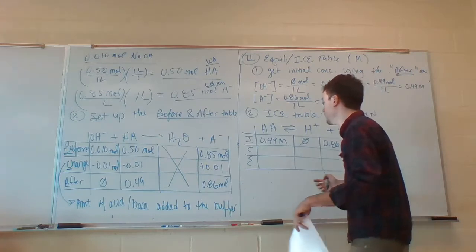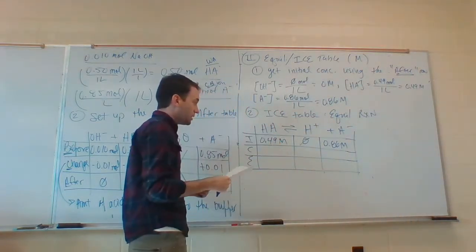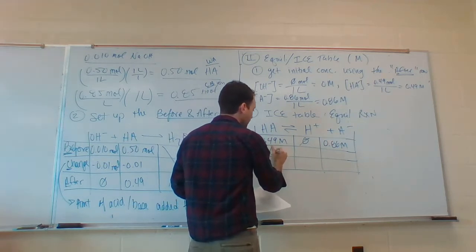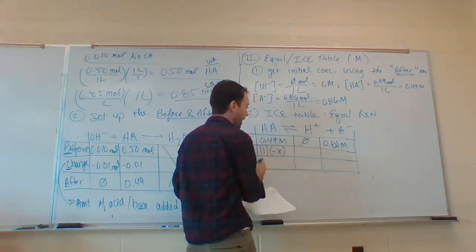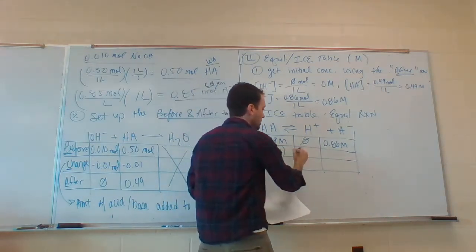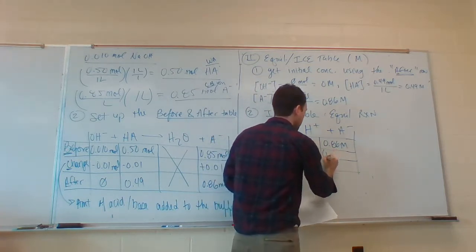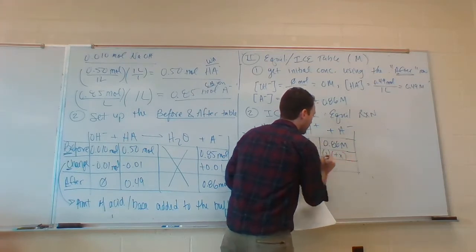Now, at this point, we add in our change row, we take our stoichiometric coefficient, we subtract off our X for our reactants, stoichiometric coefficient plus X for products, again for the A minus.